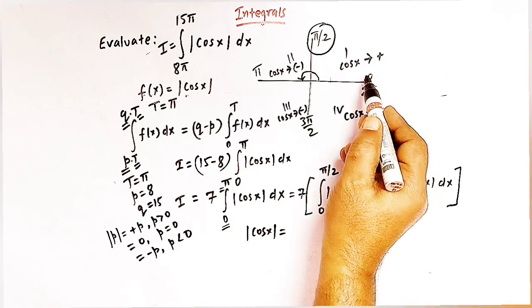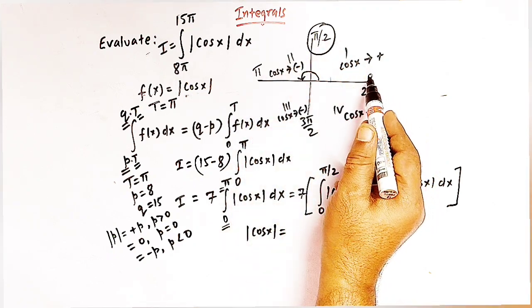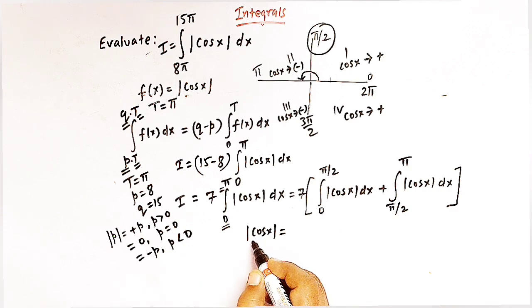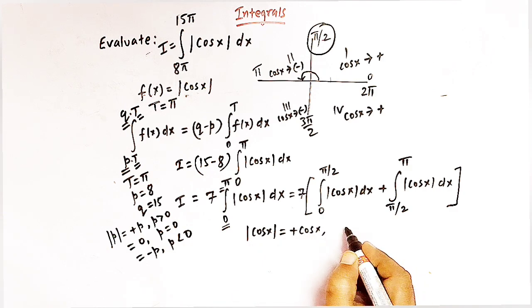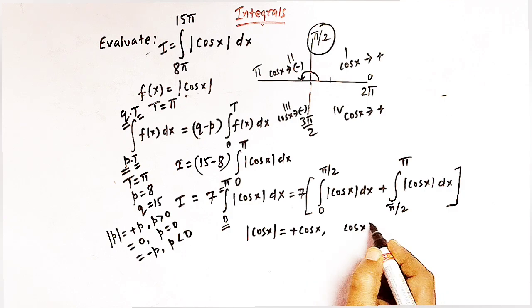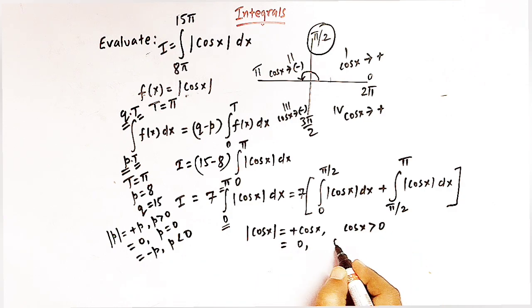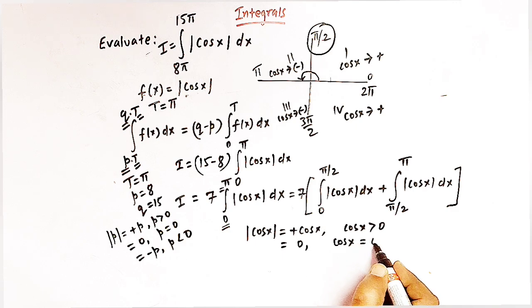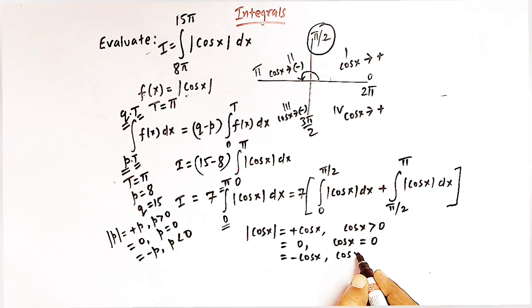So here we are considering only the interval that is from 0 to pi, right? So mod of cos x is positive cos x whenever cos x is greater than 0, and mod of cos x is 0 whenever cos x is equal to 0, and mod of cos x is negative cos x whenever cos of x is less than 0, right?